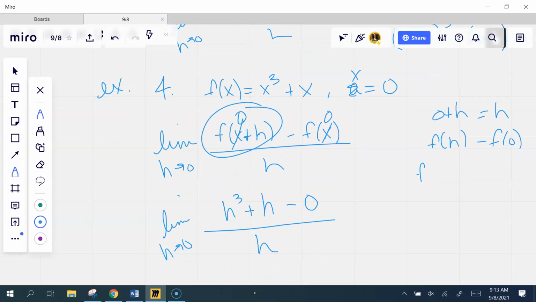That's f of 0. But don't you have to do the whole function? What I'm saying is f of x plus h cubed plus x plus h minus x cubed plus x.